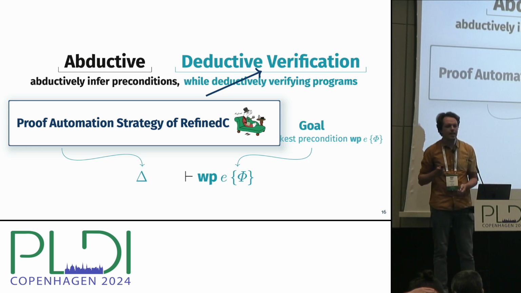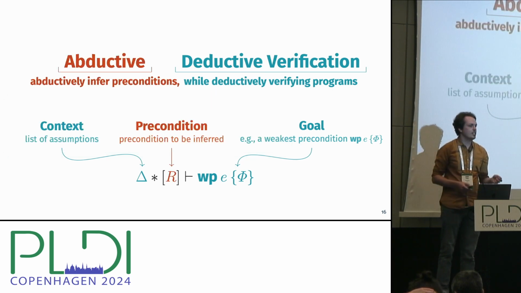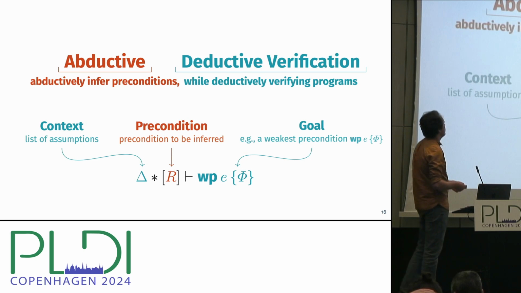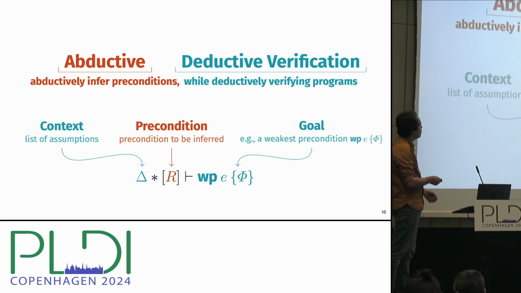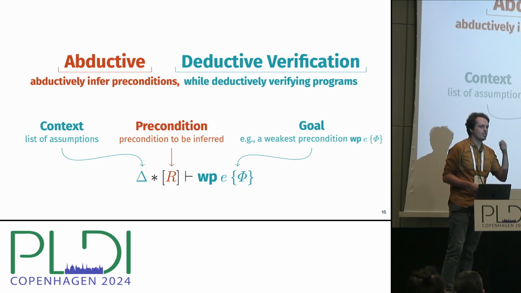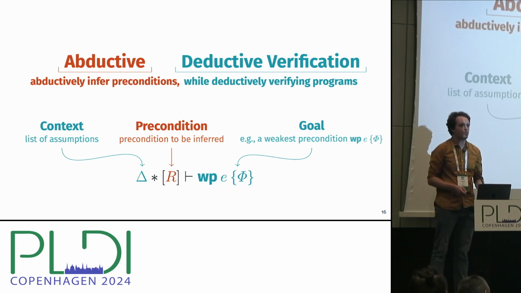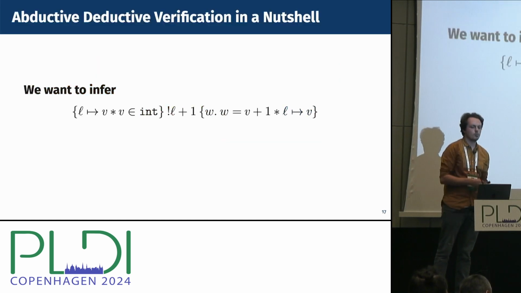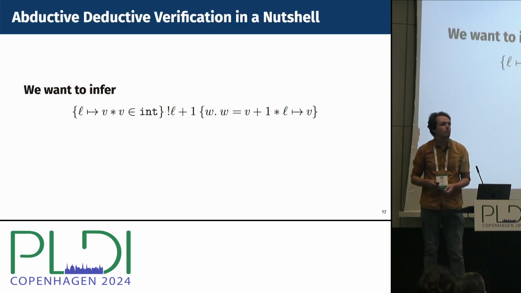But of course, there's a catch. And the catch is that we do this in an incomplete context. So we don't only have delta here, we also have an additional precondition R that we want to infer. And we build this precondition up as we go along and verify the program. So let's see what that looks like. And I want to do this with an example.